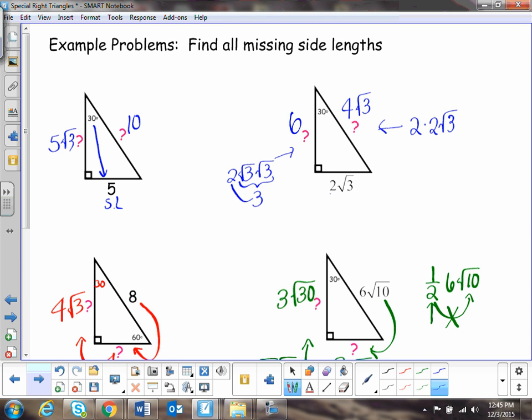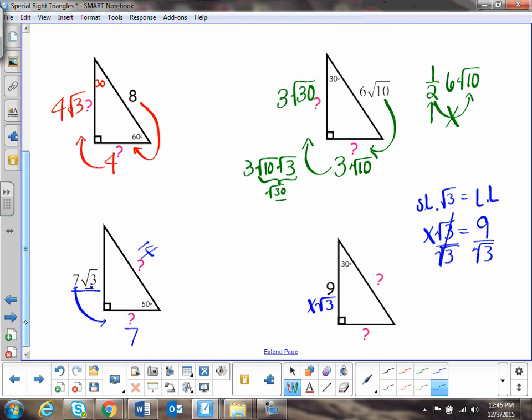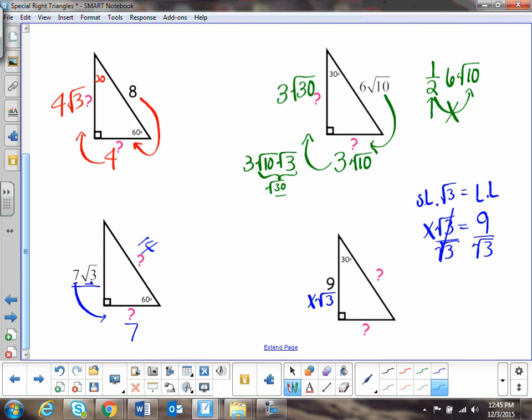So that's going to be a little bit of a process. X equals 9 radical 3 times radical 3 over radical 3. You cannot have a radical in the denominator. So we have 9 radical 3 over 3. The 9 and the 3 simplify to just 3 radical 3.